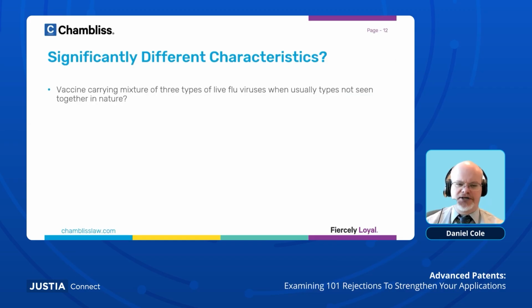So let's talk about whether this would have significantly different characteristics, or is this something that is not going to have significantly different characteristics, and what might we do to give it significantly different characteristics, maybe without running into problems with natural products or being something that's obvious.